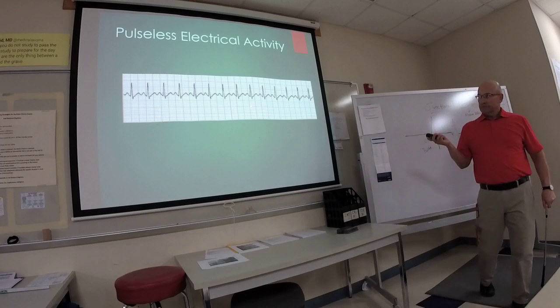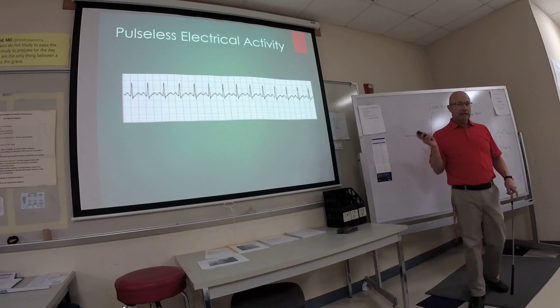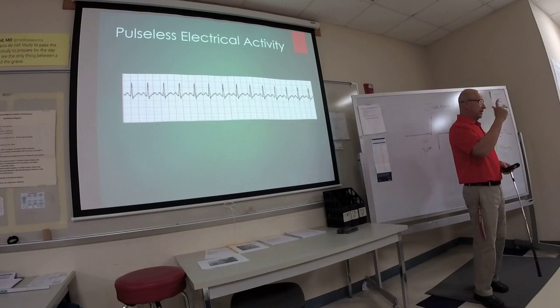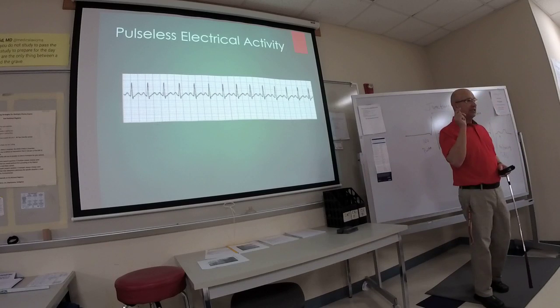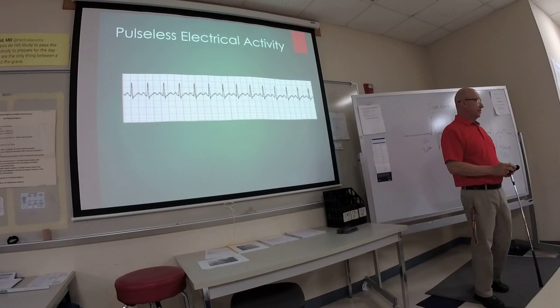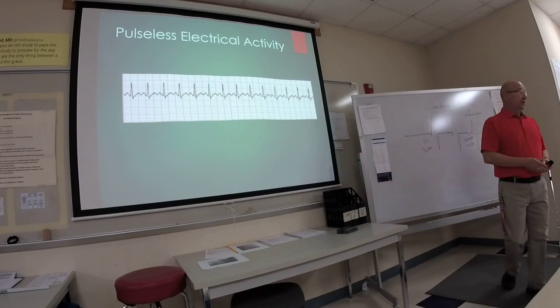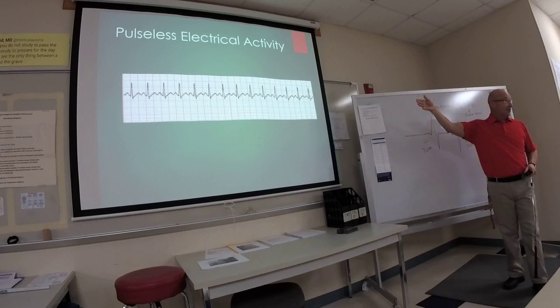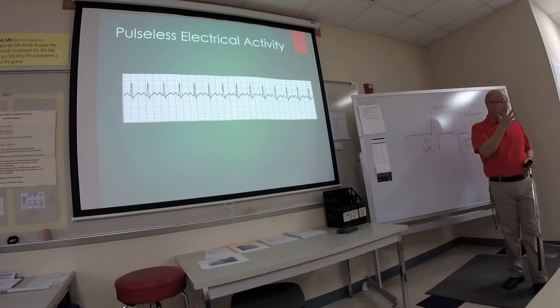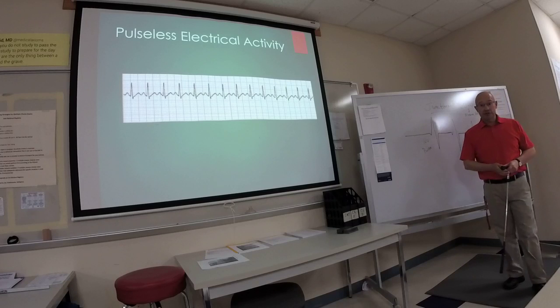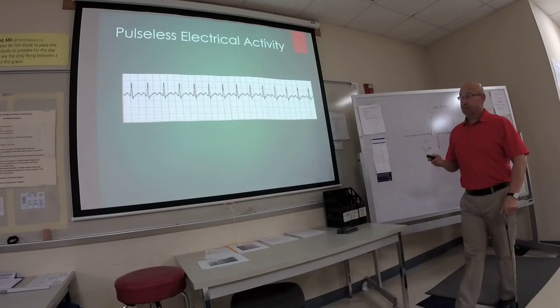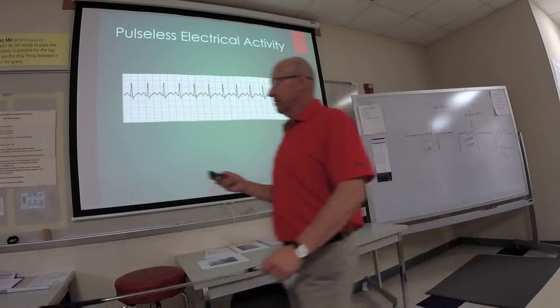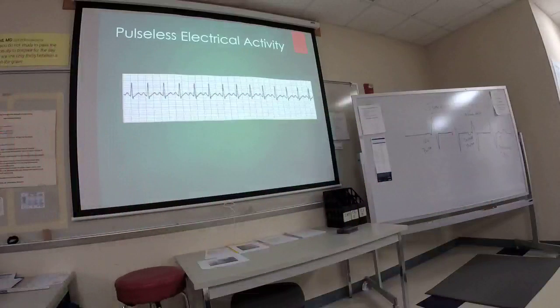Last thing I read on it was that in the hospital with the medication in your hand, it has less than a 5% survivability rate. The electrical system's working great. Something mechanically is wrong, so the muscle itself is damaged some way.